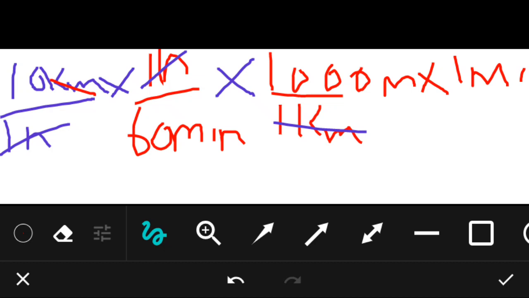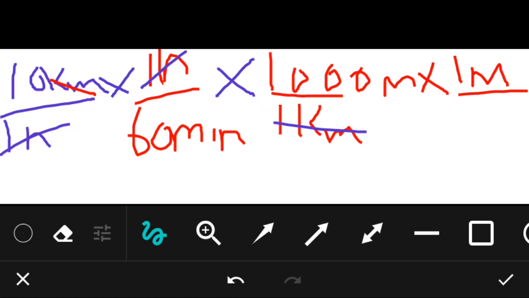1 minute is equivalent to 60 seconds. I don't have enough space, so you can pardon me on that one. I'm trying to write 1 minute there, but I'll just write 1 m. Those are minutes there.